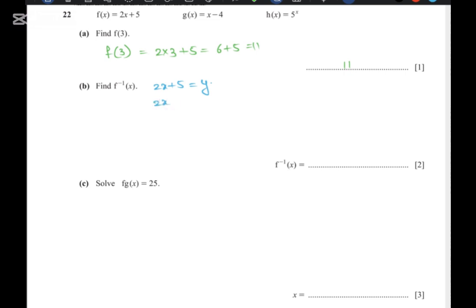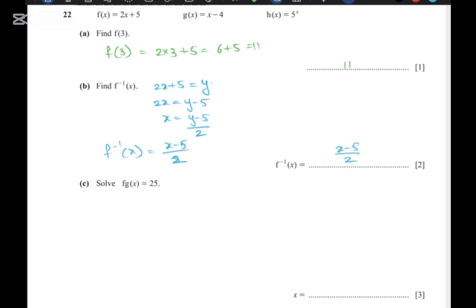First step, I will bring 5 to the right hand side: y minus 5. Second step, I will bring 2 to the right hand side, that is divided by 2. Now instead of y, if you put x, that will be the f inverse of x function. So that is x minus 5 by 2. So this is the answer.